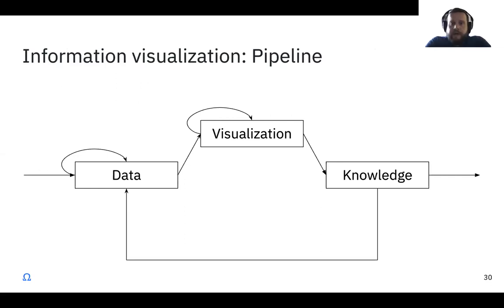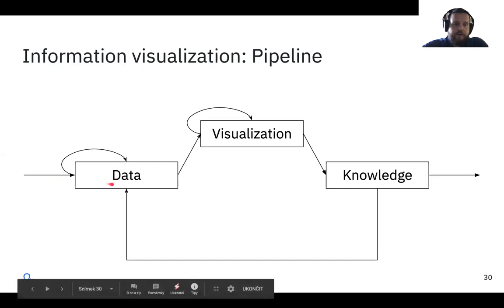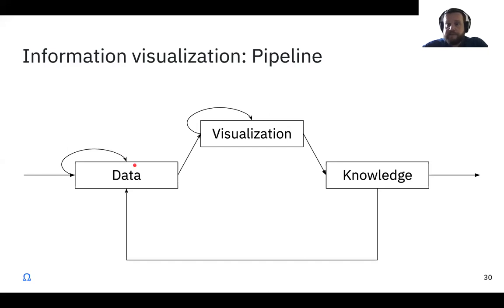If you want a pipeline, this is roughly the information visualization pipeline. There is a reason why it's drawn this strangely. We're going to see the reason later in this lecture. So basically, you start with your problem, you collect your data, you more often than not have to process the data, and you might need to take a couple of turns.